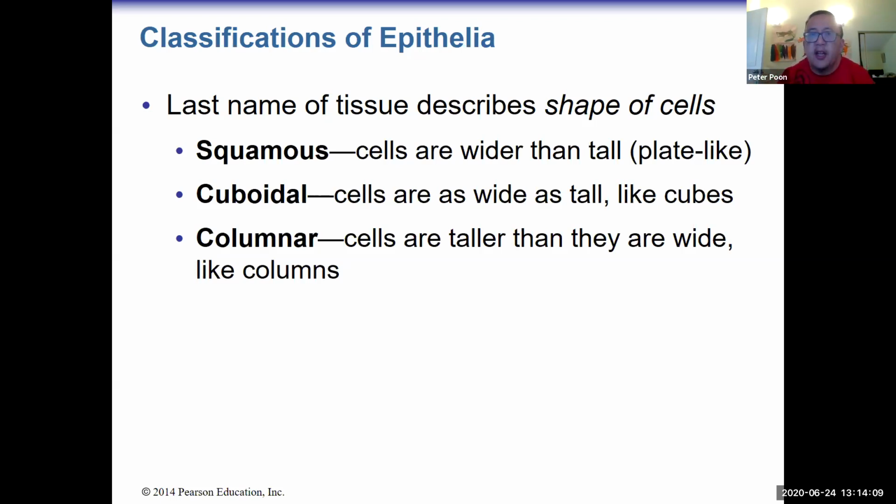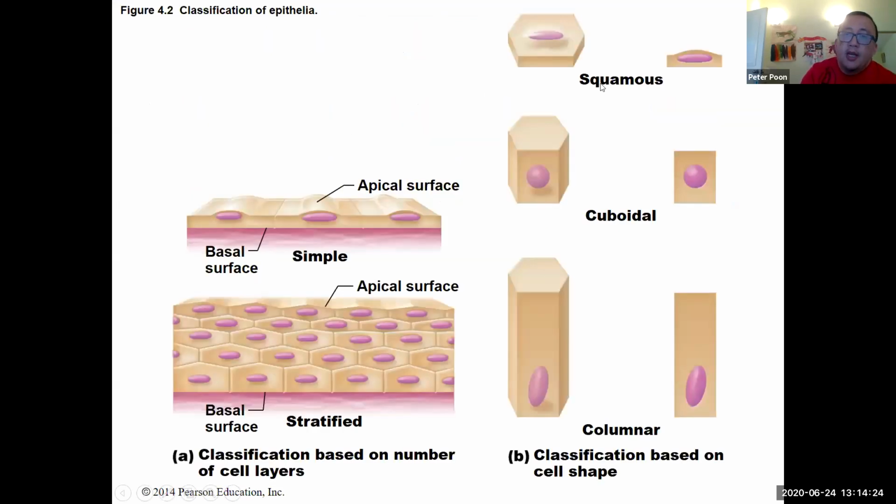If I flatten the cube, then I get squamous cells. Okay, if I take the cube and I elongate it, pull it out, okay, I get columnar cells, columns. Okay, so these are my cuboidal cells. Okay, if I flatten it, they become called squamous, and if I elongate it, they become columnar.